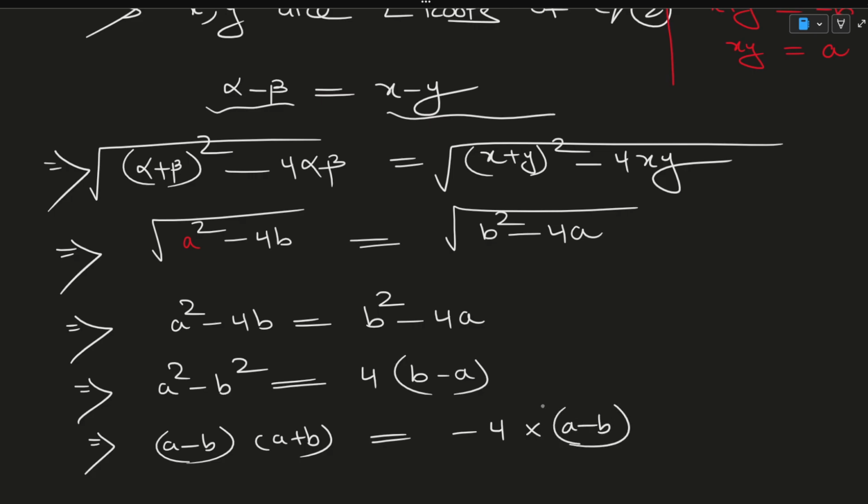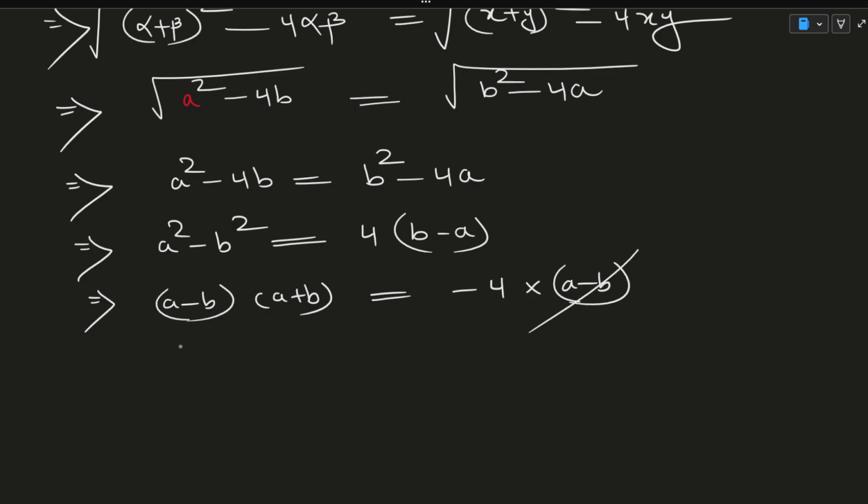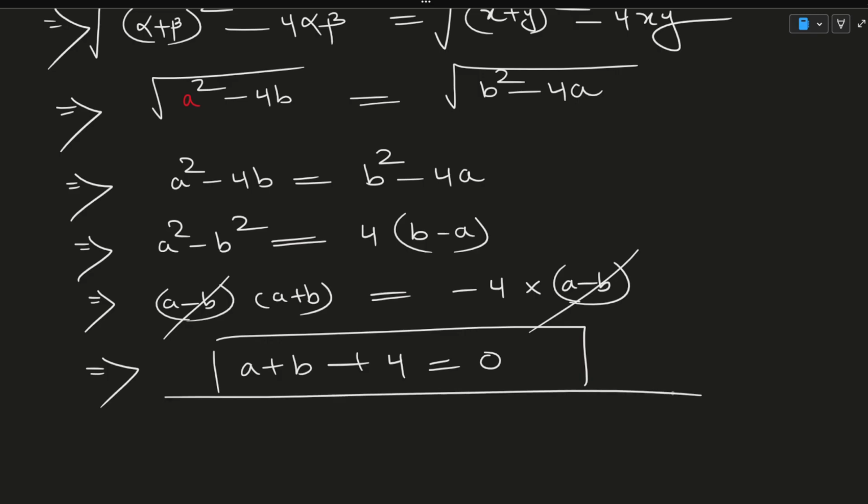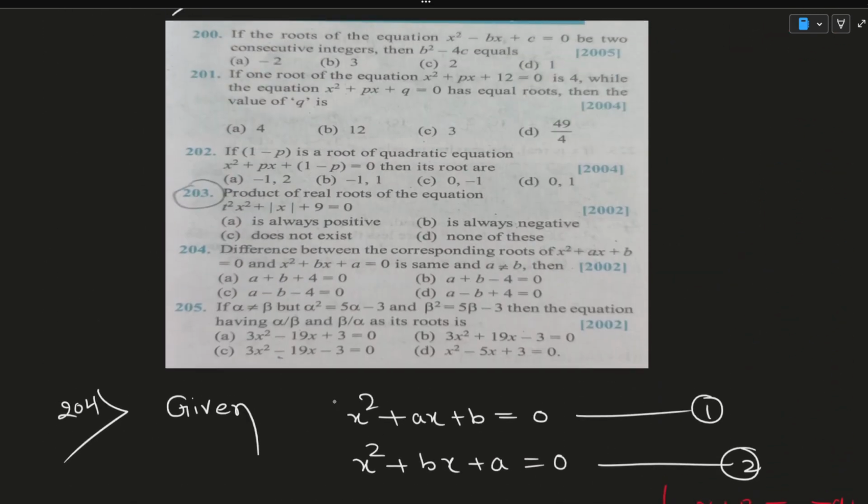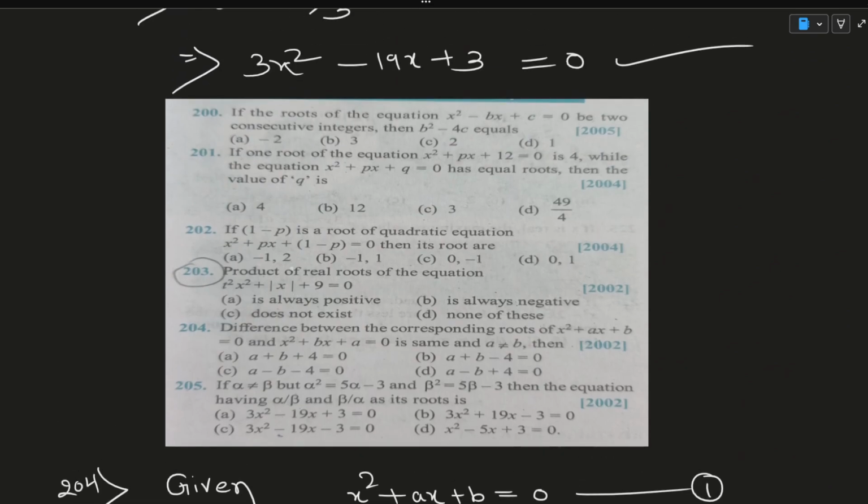Now just cancel out these two, then we have a plus b plus 4 equal to 0. It will be the final answer. So it is given in option A, so it is the right option.